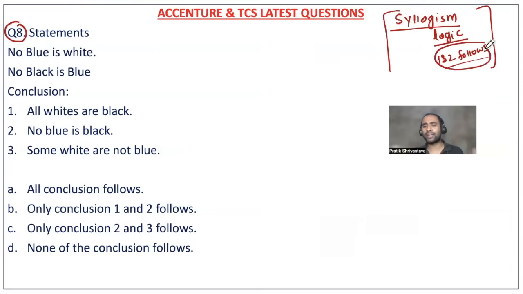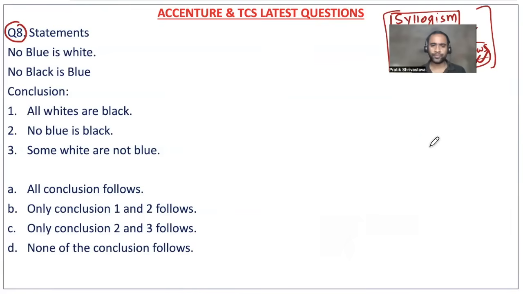Many of you directly comment, sir, this follows, that follows, this is wrong. Arey bhai, give me the logic. First learn the rules of syllogism, then verify and comment. You are getting the wrong answer and then commenting.